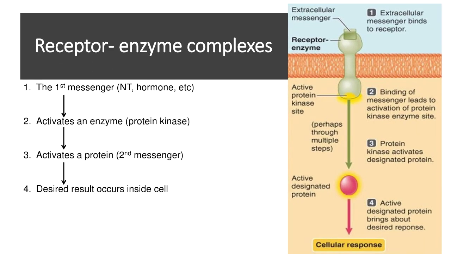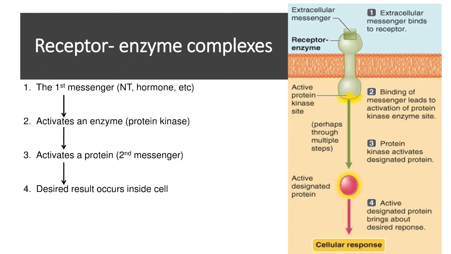In this example, the first messenger, again, is one of the chemicals we've been talking about. It could be a paracrine, it can be a hormone. But the receptor protein is an enzyme on the inside of the cell membrane. So unless the first messenger is bound on the receptor side in the extracellular fluid, the enzyme remains inactive.